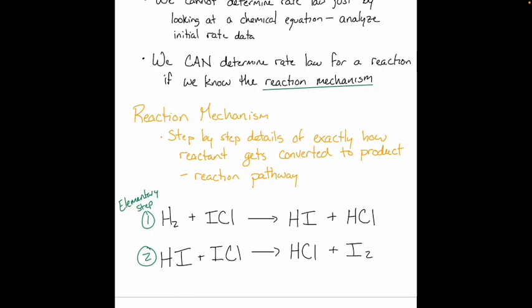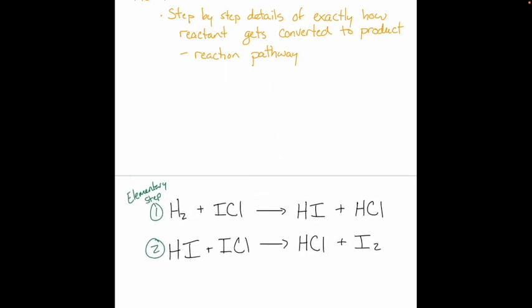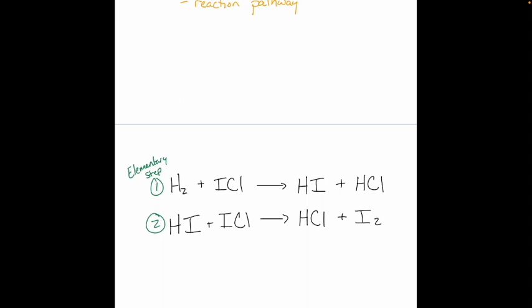All right, so this is the step-by-step details of how this reaction is actually occurring here. So this is what we call our reaction mechanism, broken up into these elementary steps.